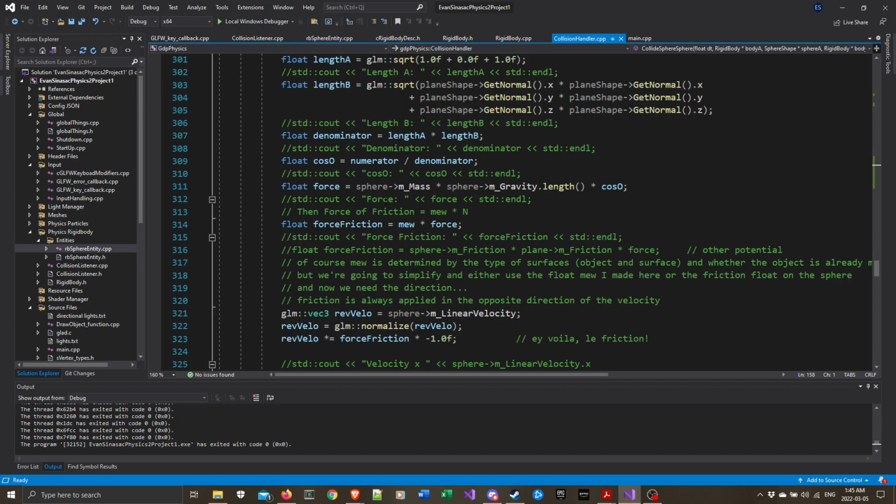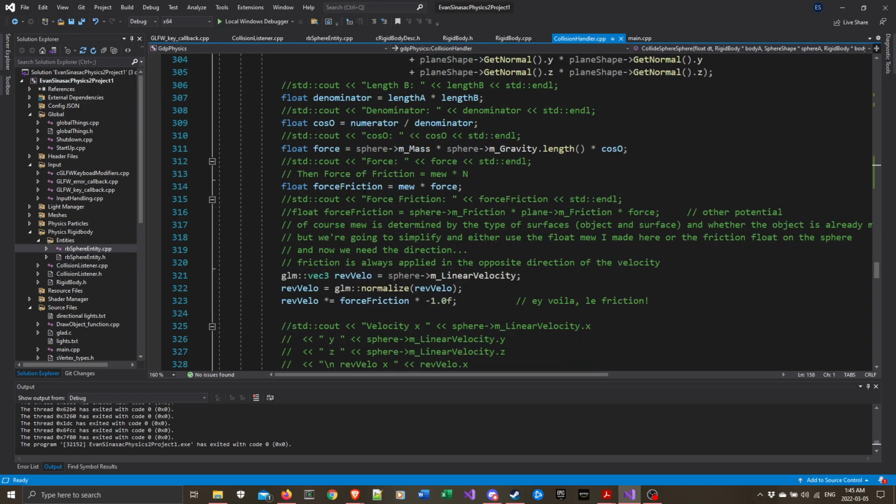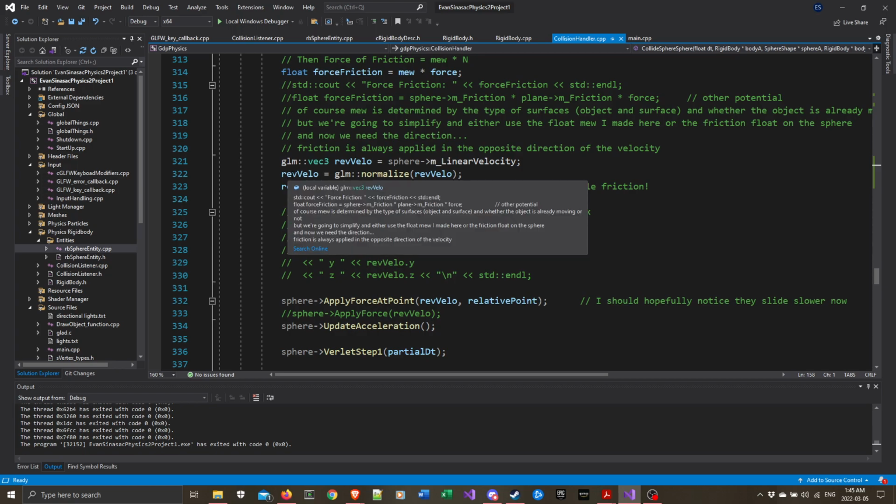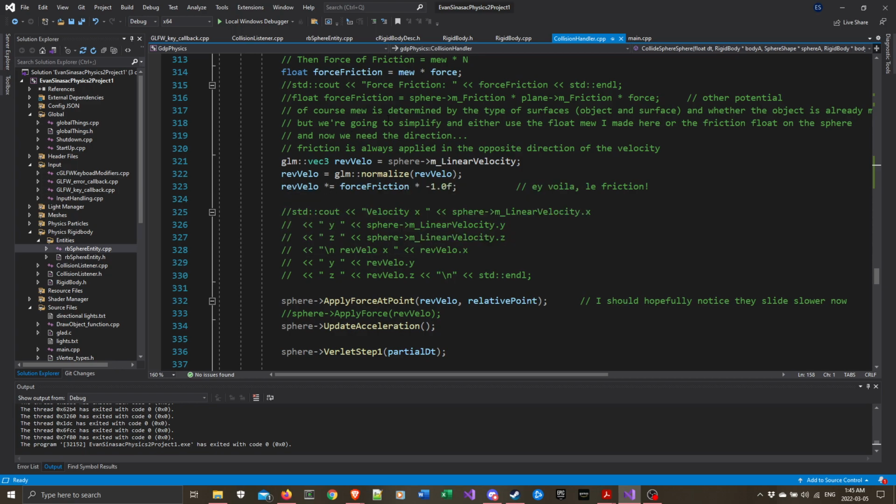But basically, I figure out each component of the formula, finally multiplying by the coefficient of friction, and then friction is basically always applied in the opposite direction of the velocity.